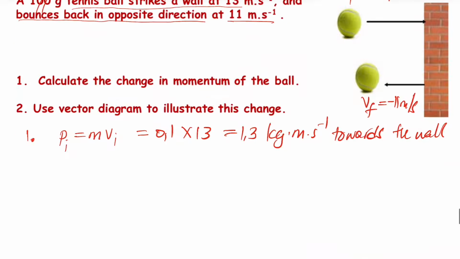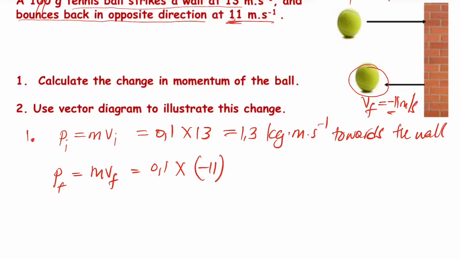And then the momentum final, when it bounces back here, it's m v final, and the mass is still 0.1 times, remember the velocity is what? Is negative, times negative 11.